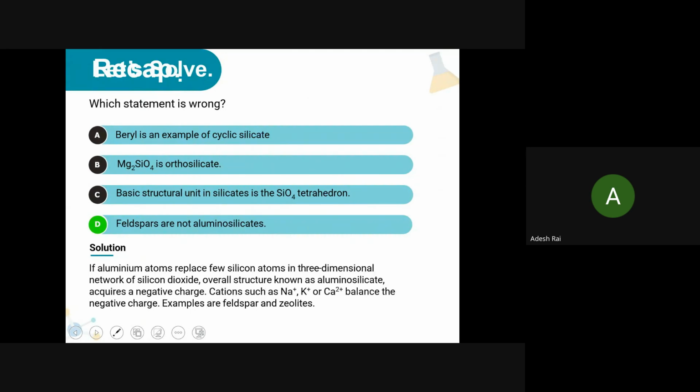Feldspar and zeolites are examples of aluminosilicate. They are saying that feldspar are not aluminosilicates. Sorry, my bad, I got confused. By that logic, it is wrong. Okay, correct.